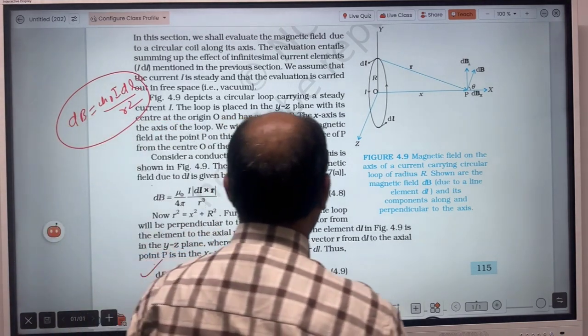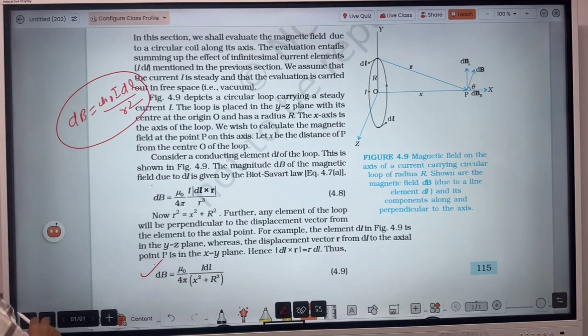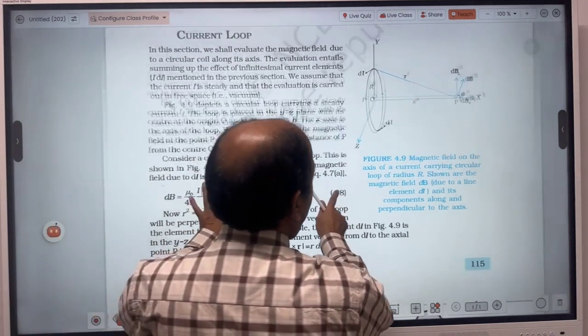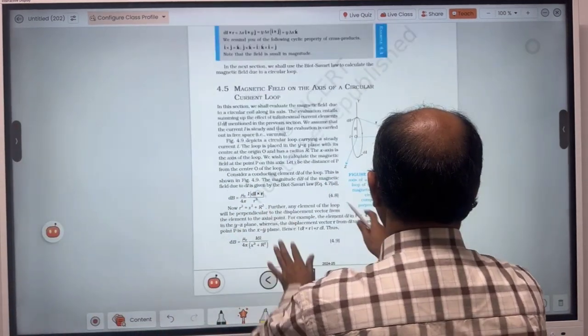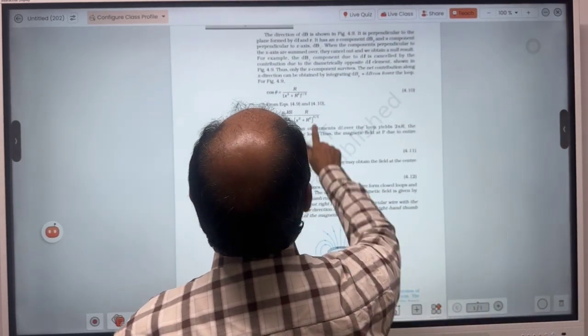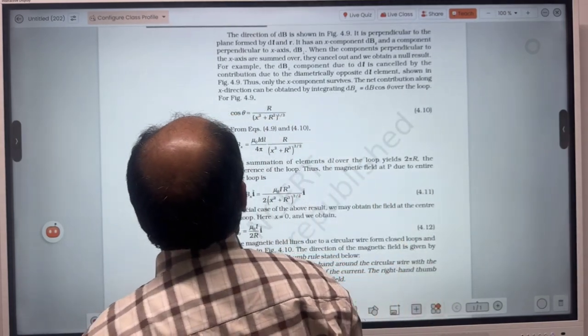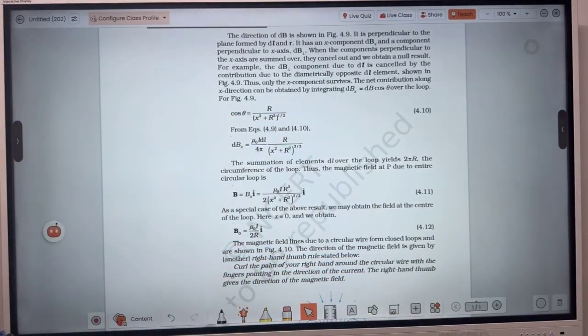Now here we will consider different components.